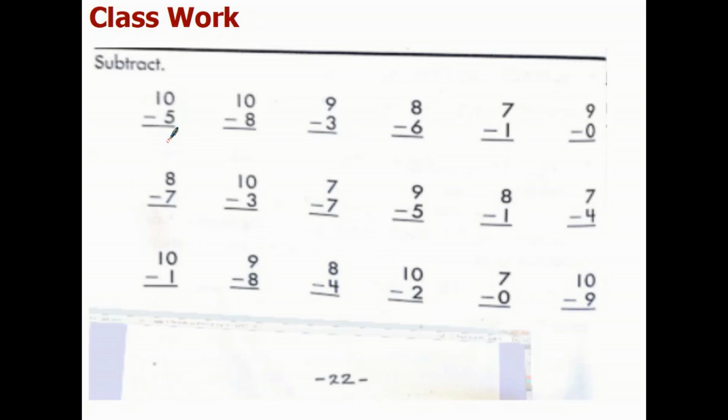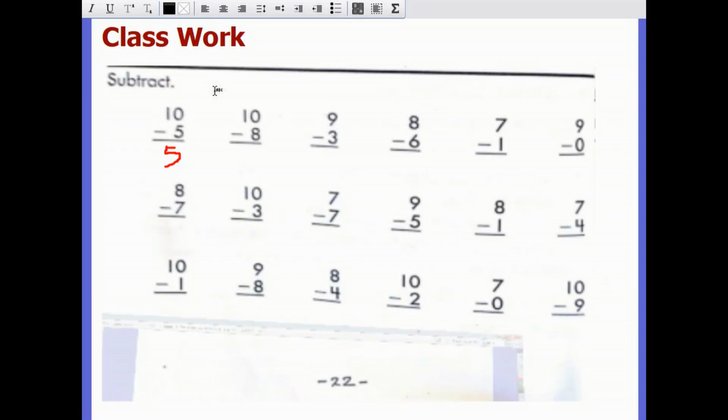There are 10 fingers, subtract 5, how many will be left? 5 fingers. So the result will be 5. Or by using strokes you can also do this. Draw 10 strokes and cancel out 5. How many will be left? It will be 5.